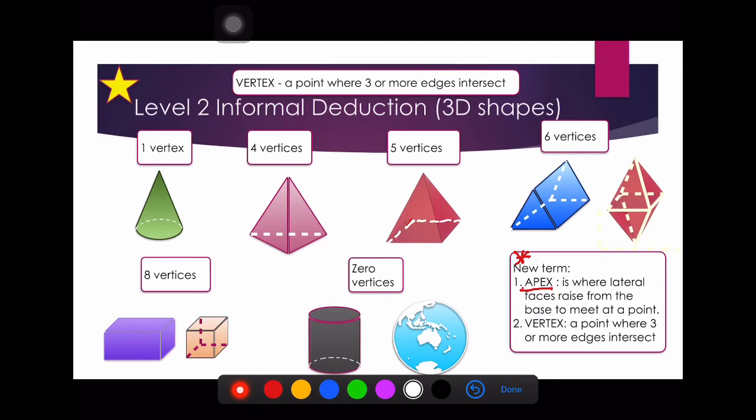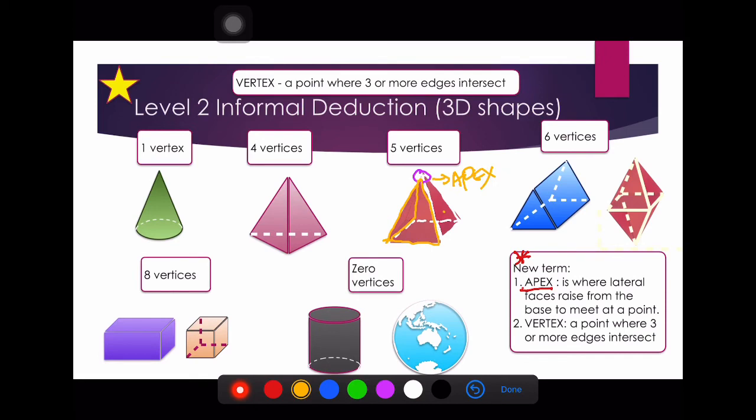Now from this square base, you can see that this triangle actually rises from the square right up to this point. Same case with this triangle here, the triangle at the back and the other one as well. So when these triangles rise up from the square base to meet at a point, this point is what we call apex.